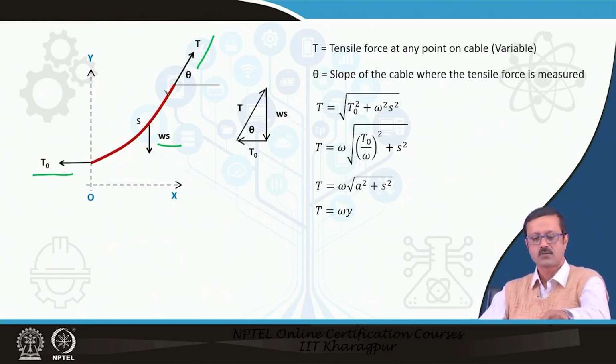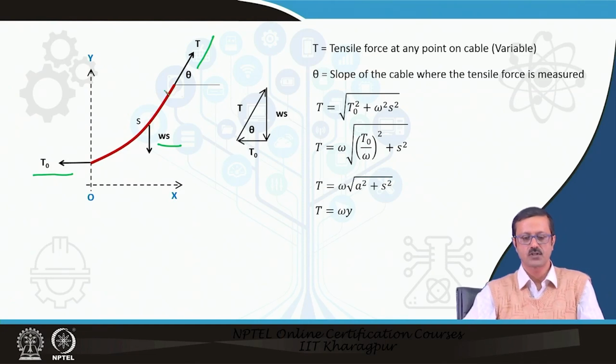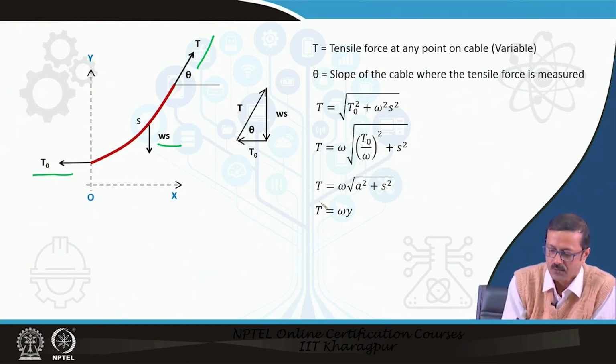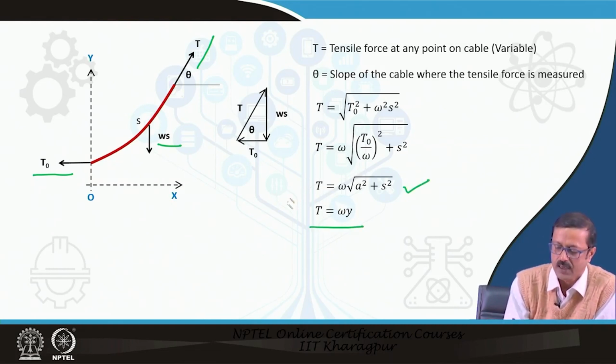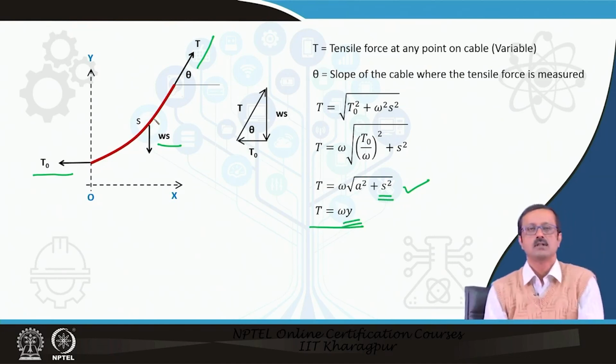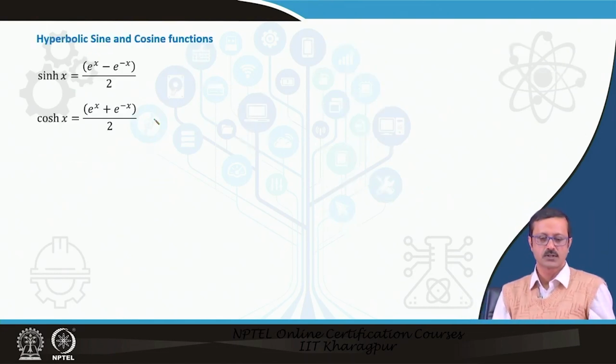That comes in a triangular force geometry, and from that force geometry I can find the tension of the cable at any particular point, using either this formula or this formula. Any particular point can be determined either by s or by y, because y changes as the coordinate changes, and s also changes, so the length of s is also going to change.